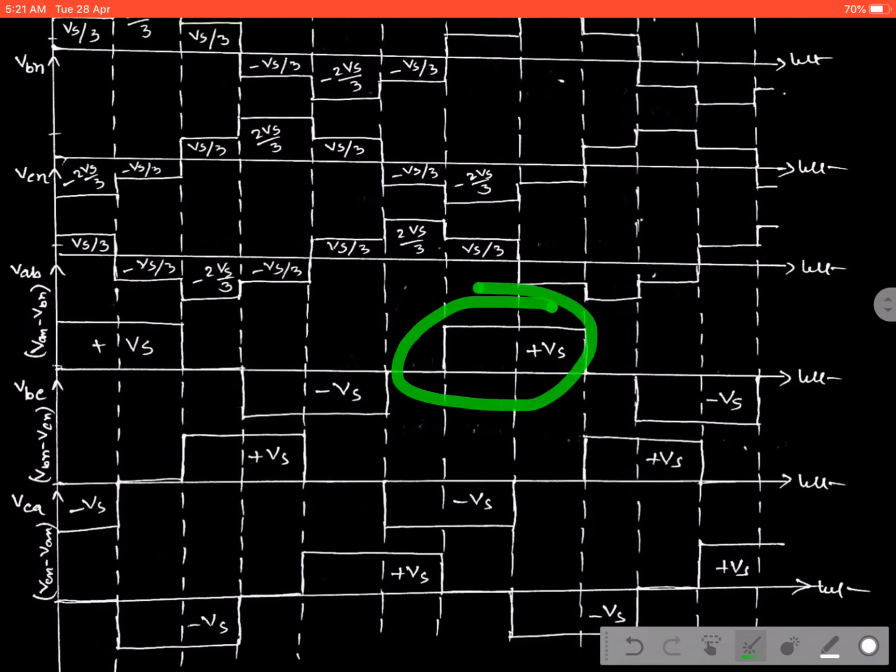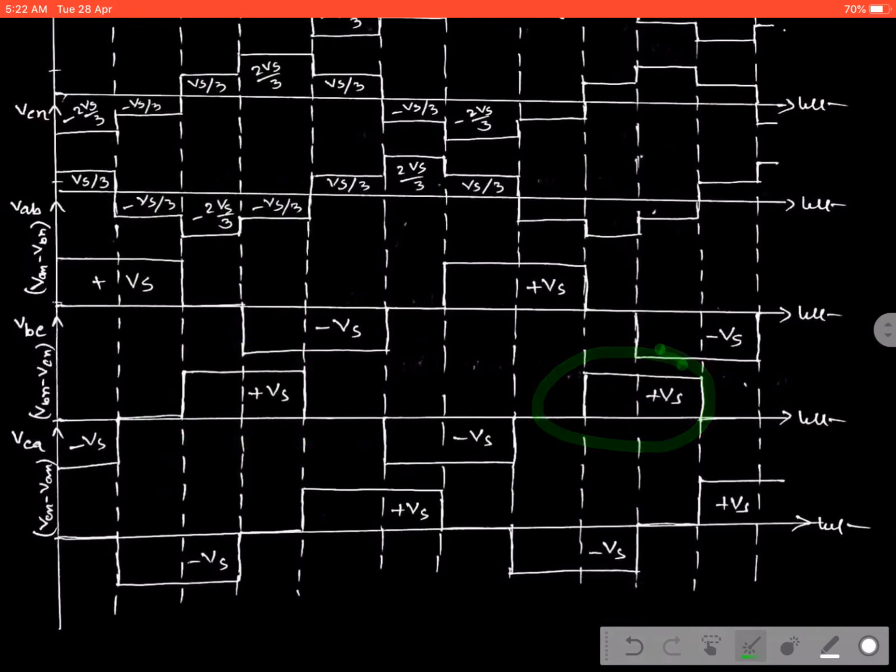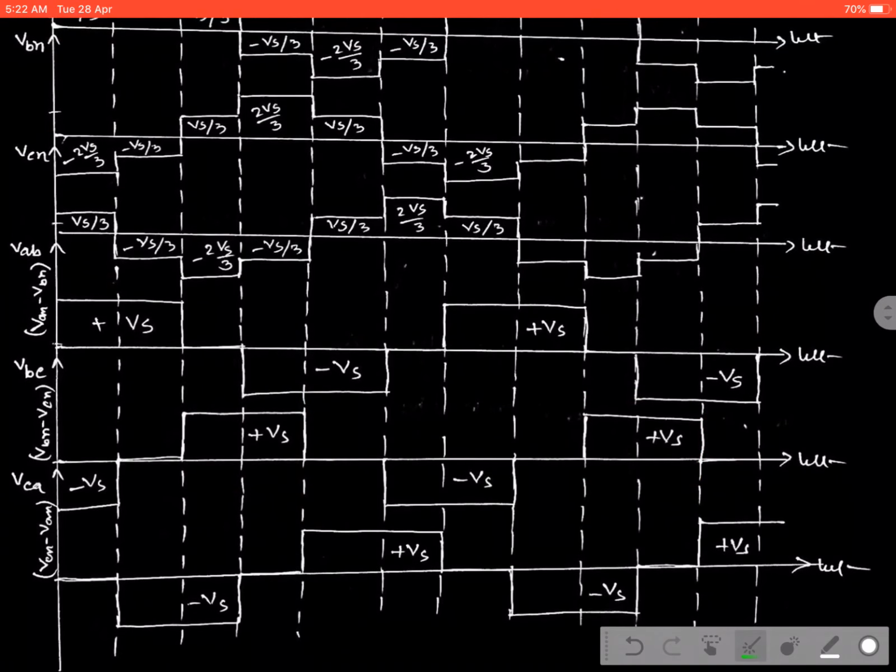In the first case it is 120 degrees, the next 120 degrees, and the next 120 degrees. In all the cases the duration of the pulse for the line voltage is always 120 degrees.